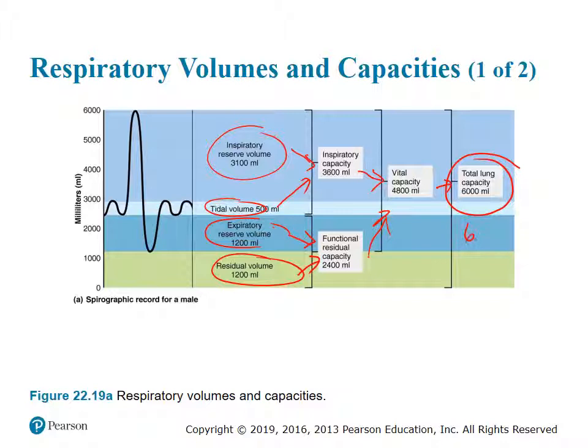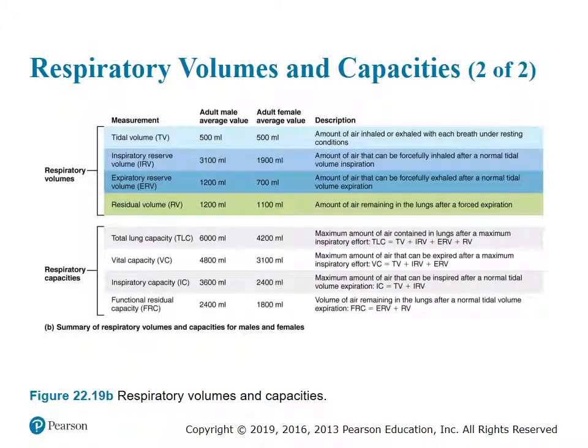You see this at 6 liters, but notice that it's male, on average. Make sure that you know these values as well.